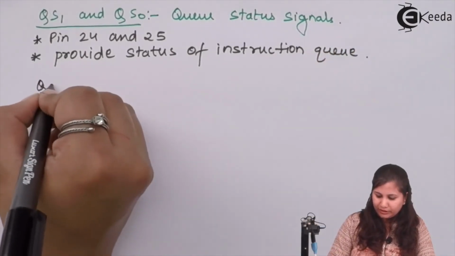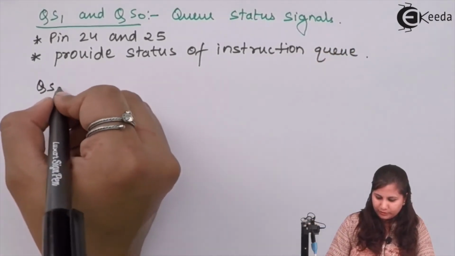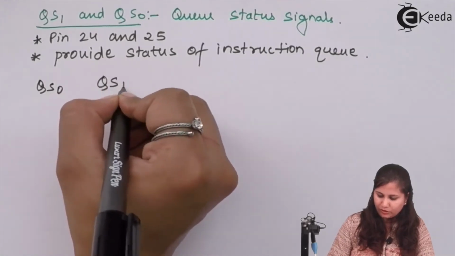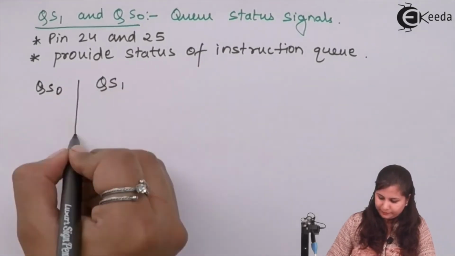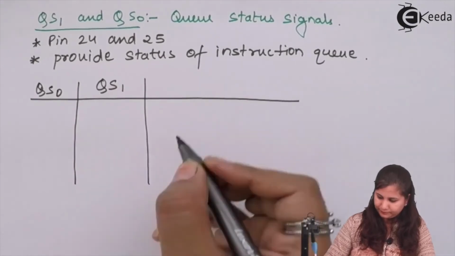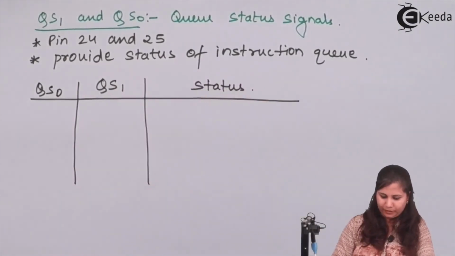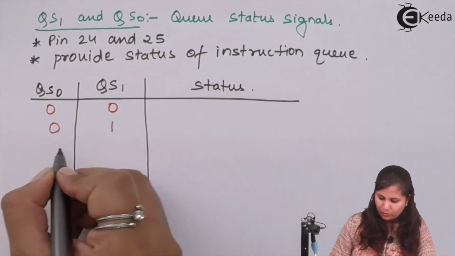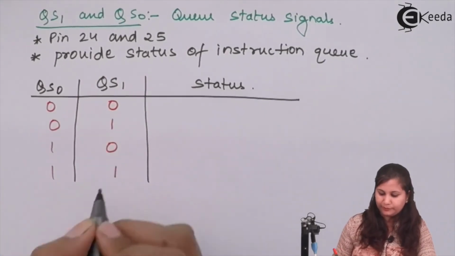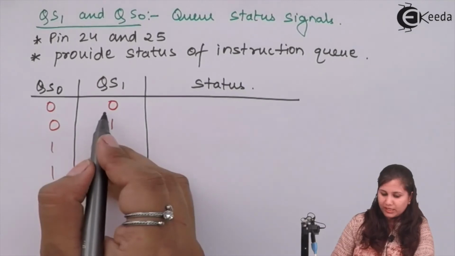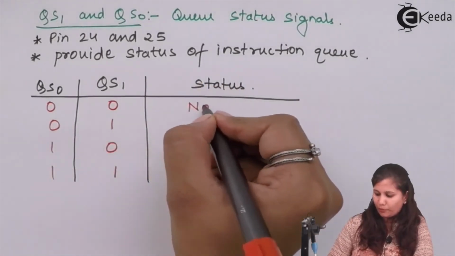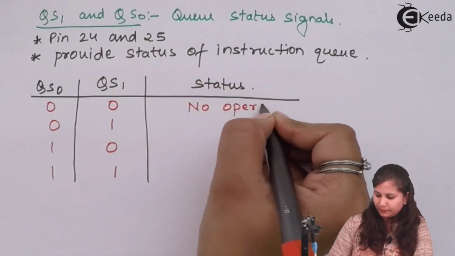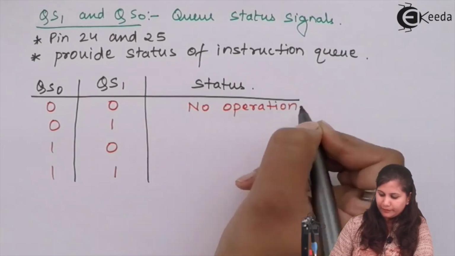So we have the conditions for these two signals QS0 and QS1. First we can have 0 0, then 0 1, 1 0, and 1 1. When these two signals are 0 0, then no operation will be performed.